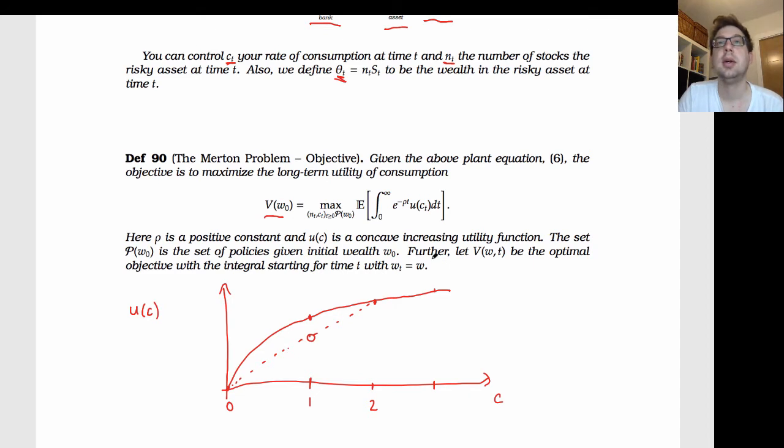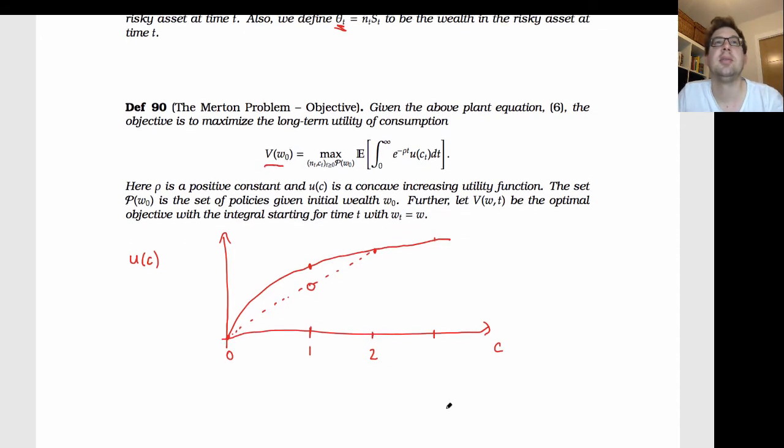We're also going to sometimes let V of t, W_t be the optimal objective with the integral starting from little t and W_t rather than starting from 0, just like we've done previously in the diffusion control problems. So that's the problem defined.